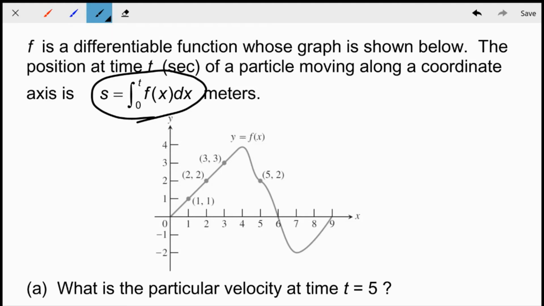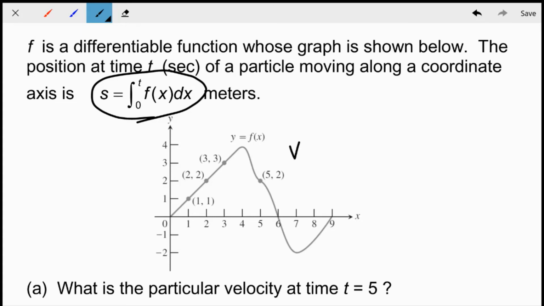If I were going to solve this problem, just like I mentioned on the last one of these that we went through in the fundamental theorem of calculus video, the first thing I always do is label what this graph represents. When we're looking at an application like these motion problems, it's really helpful to know which of the 3 functions I'm looking at: a position graph, a velocity graph, or an acceleration graph.